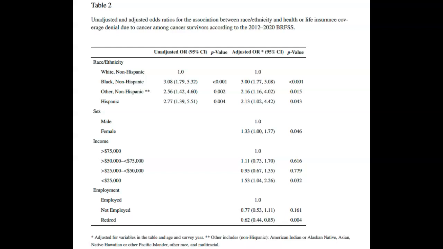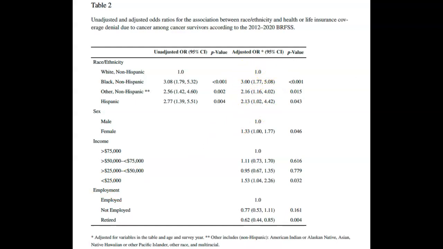Using that adjusted logistic regression, we were able to calculate odds ratios that are adjusted for those potential confounders. So in this column here, we have unadjusted or our crude odds ratios for the relationship between race, ethnicity, and the denial of health or life insurance. And then in this column here, we have the adjusted odds ratios.